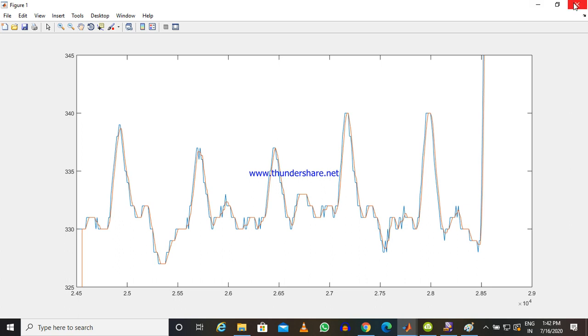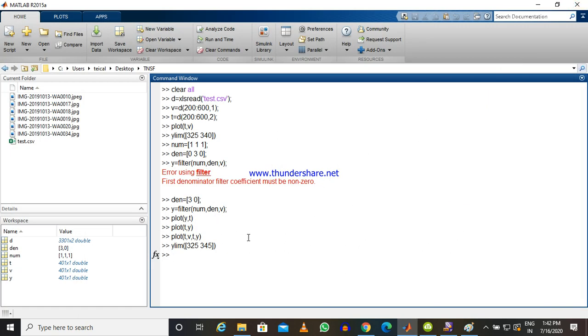now for example, let us see my numerator. I am increasing the window length: 1 2 3 4 5 6. I made it 6. My denominator then will be 6 and 0.